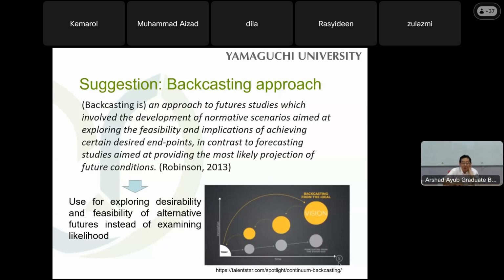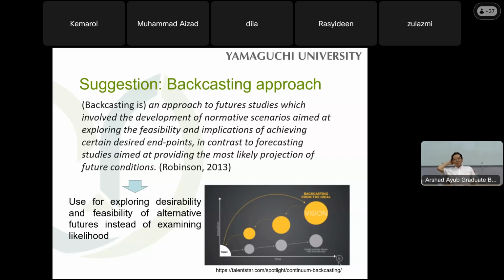Backcasting is an approach to future studies, which involves the development of innovative scenarios aimed at exploring the feasibility and the implications of achieving a certain desired endpoint, in contrast to forecasting studies aimed at providing the most likely projection of future conditions.